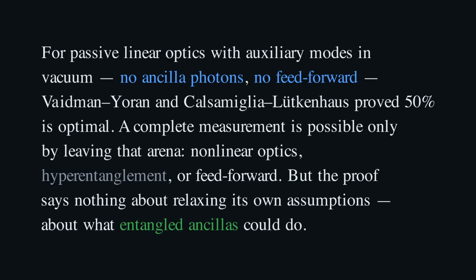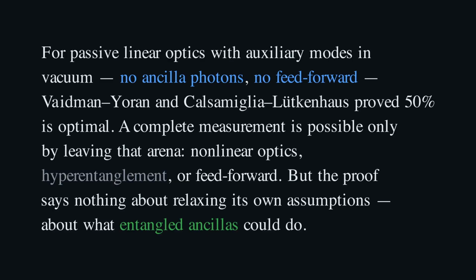So the proof says nothing about relaxing its own assumptions about what entangled ancillas could do, because entangled ancillas are leaving the arena. This is why conceptually there was an open door. The 50% no-go assumes that auxiliary modes are in a vacuum state, so no ancillary photons. It also assumes no feed forward.